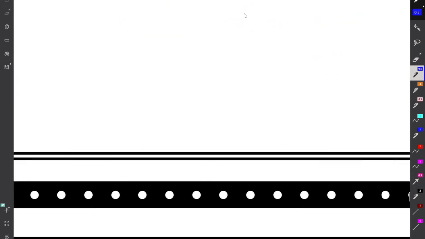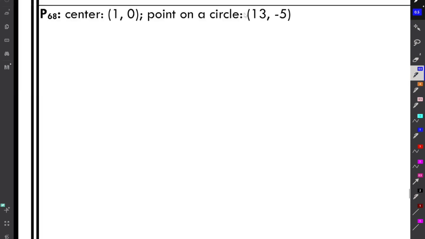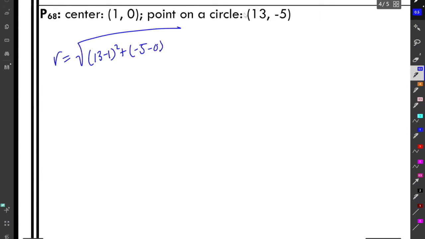Alright, let's do 2 more problems and then we'll be done with our review. So again, we have one just like number 66, which is given the center and the point on the circle. All we need to do is find the radius using the distance formula. So 13 minus 1 squared plus negative 5 minus 0 squared. 12 squared plus negative 5 squared.